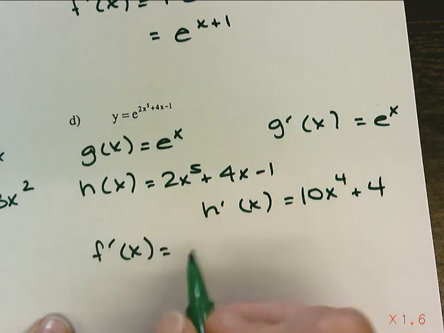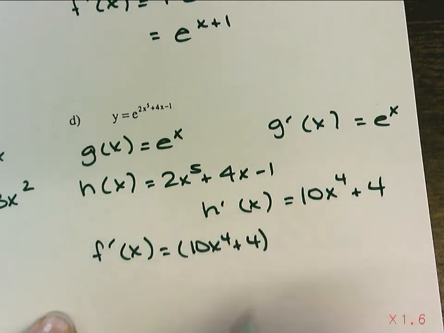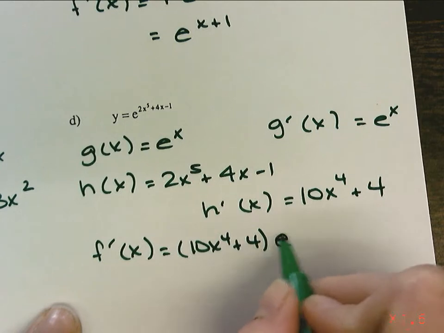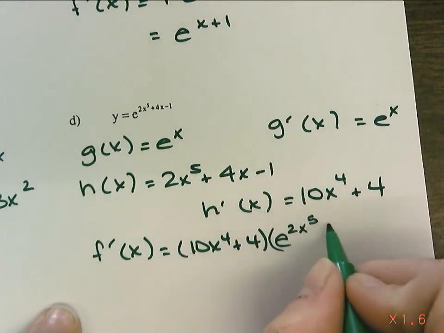Using the chain rule, 10x to the power of 4 plus 4 times g prime of h of x.